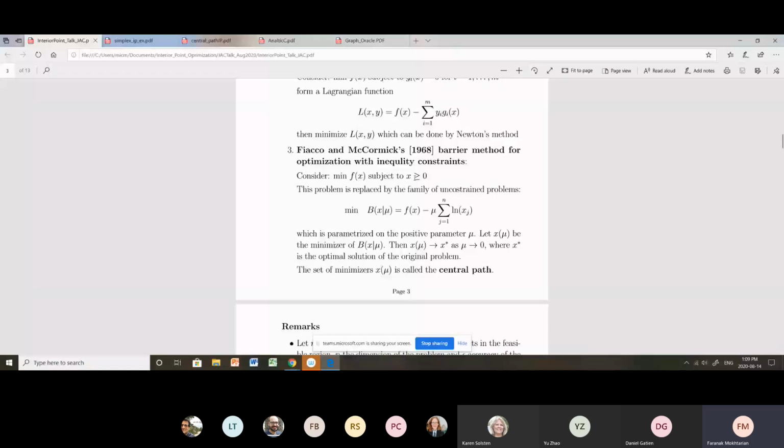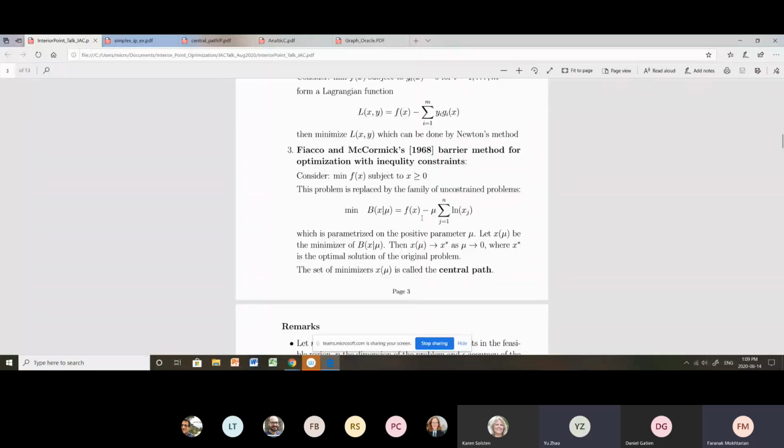They are formed into something called a barrier function. So we have the objective function, and we take this ln of xj. These are the components of the vector x from j equal to 1 to n. And there's a parameter mu. We parameterize this barrier function with mu. And this ln makes sure that all the variables stay strictly positive.